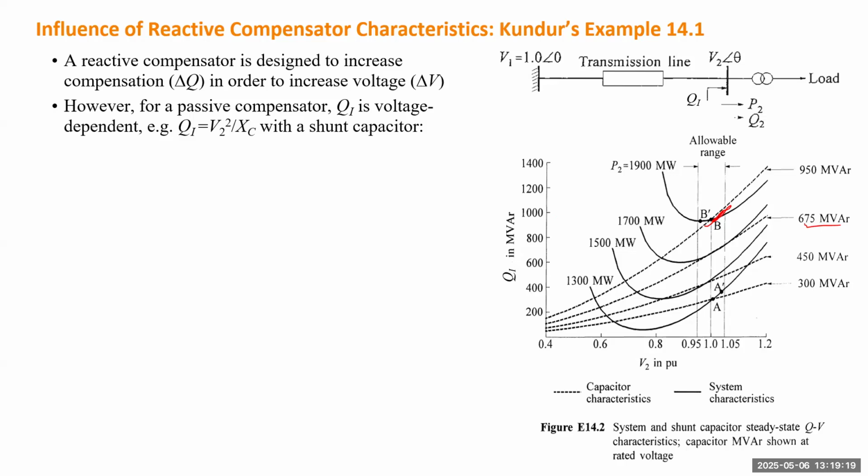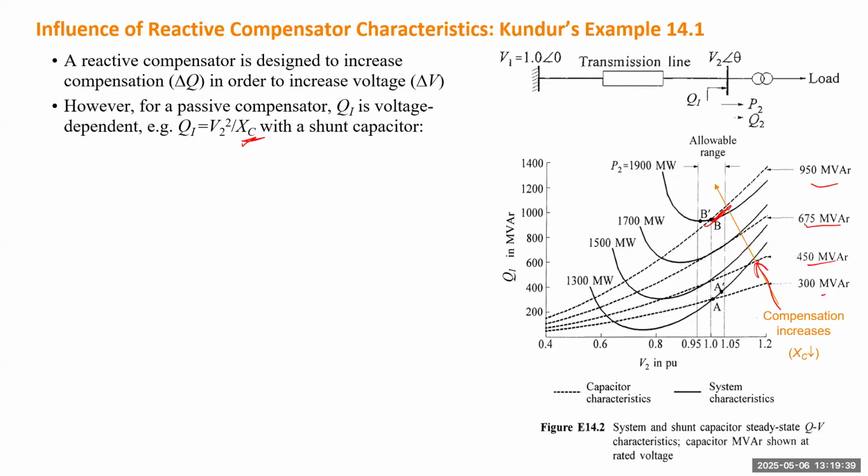So their differences are mainly in the value of XC, the reactance inside of a capacitor or inside of a compensator. Okay, so we can draw one direction. You see the value increasing in this direction.